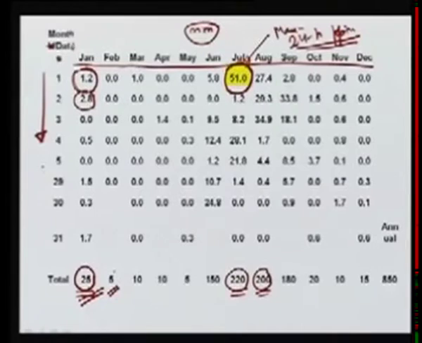We can get the average or the total precipitation in the month, and then suppose we have a long period of record, let's say typically 30 years. If we have 30 years of such record, then for each year January may not have 25 millimeter of rain every year. It will have sometimes 20, sometimes 15, sometimes 30.